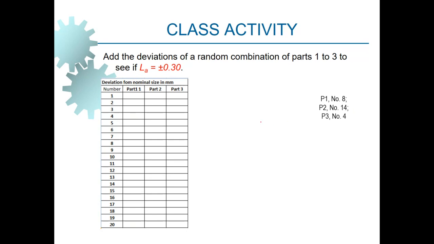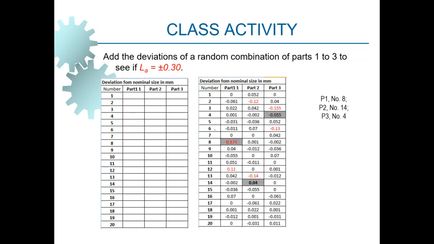Now, we have not yet measured the lengths of these parts as yet, and then we measure the lengths, and these are the values that we get. Well, as you can see, the ones that are shaded are the ones that I have picked. This is the one that I have picked from the first pallet. This is the one that I have taken from the second, and this is the one that I have taken from the third pallet.